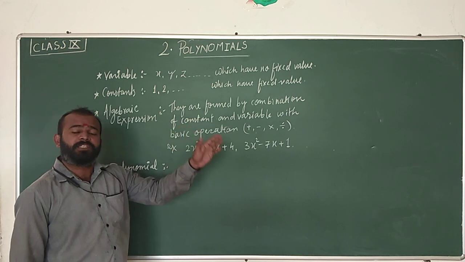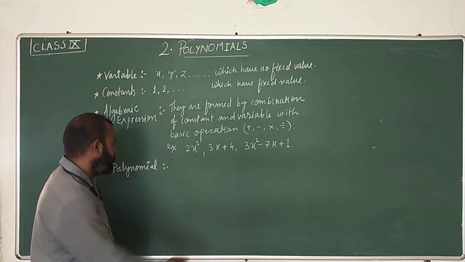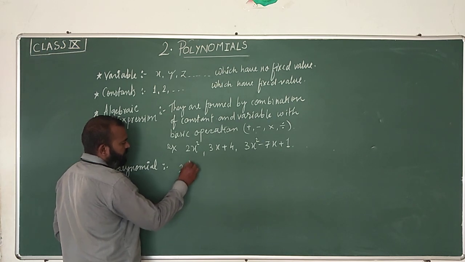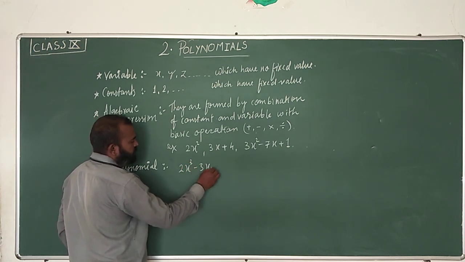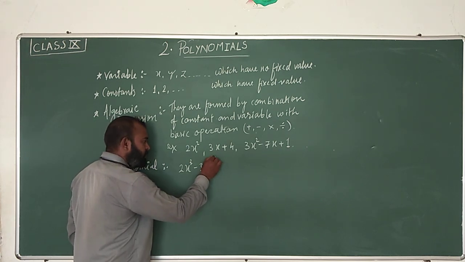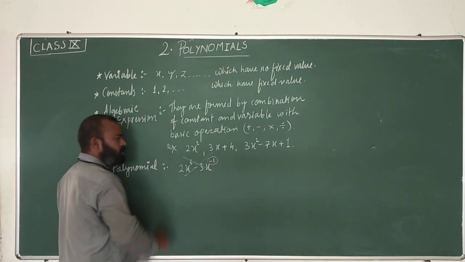Negative numbers are not allowed, fractions are also not allowed. Suppose this is an example: 2x square minus 3x to the power minus 1. So this is not a polynomial.